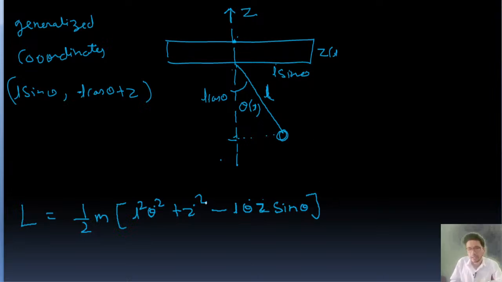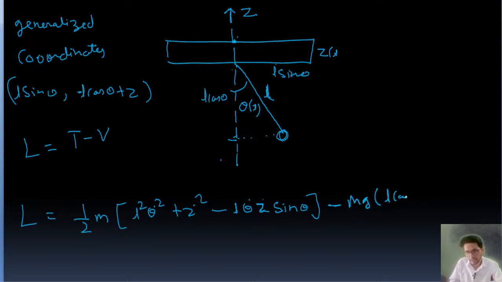This is because the Lagrangian, we know, is T minus V. So this is minus, and this is going to be this height from here, mgh. So this is going to be mg times (L cos theta plus Z).